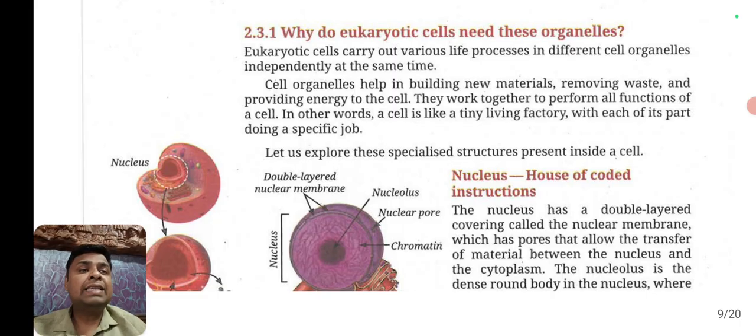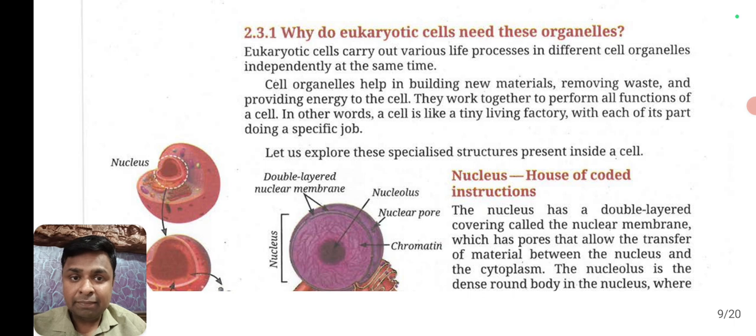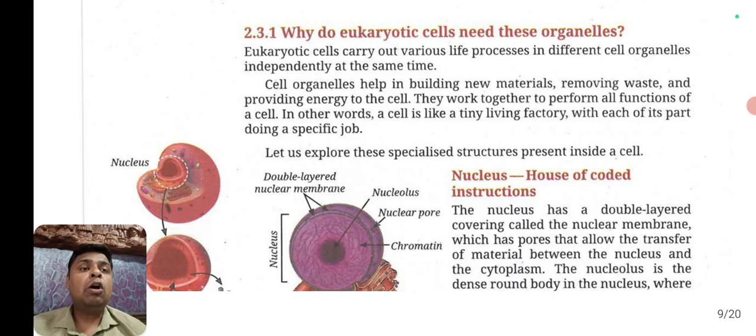So eukaryotic cells carry out different processes. Now remember, eukaryotic is advanced. It is carrying many functions in the organism. Remember, in an organism everything happens inside the cell, and we have departments. Like we have departments in government, same way we have different departments in the cell which will perform different functions. Cell organelles help in building new material, removing waste and providing energy to the cell.